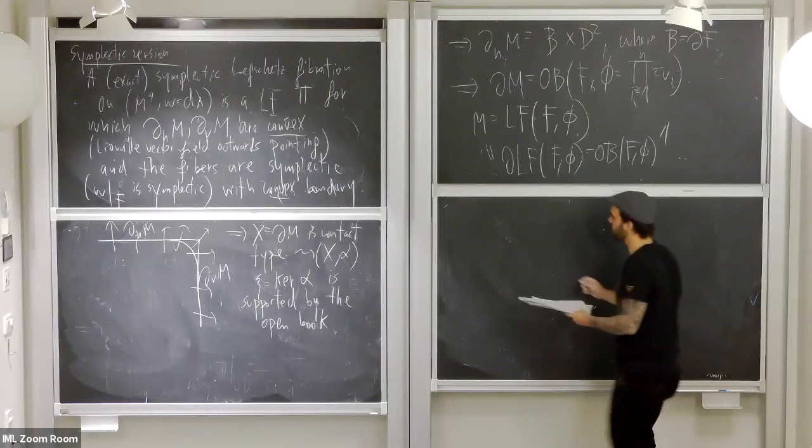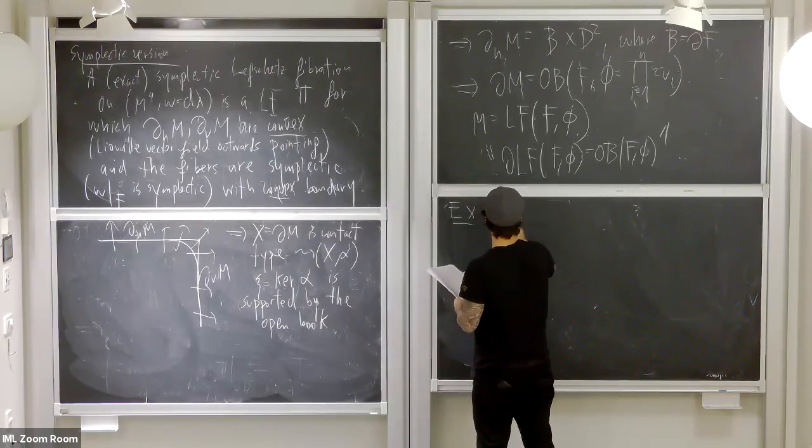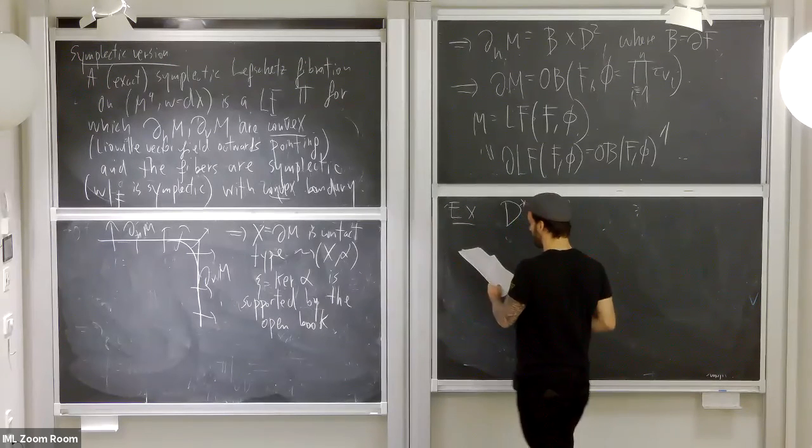The fundamental example that I want to look at is D*S2, the unit disk cotangent bundle of S2.